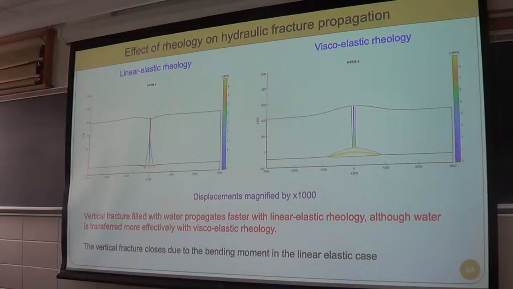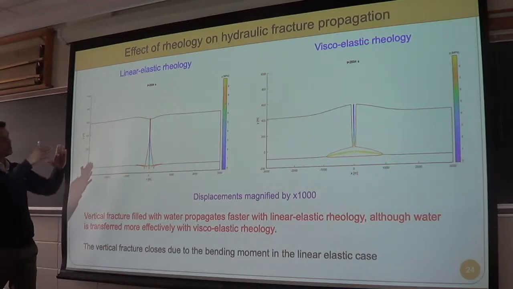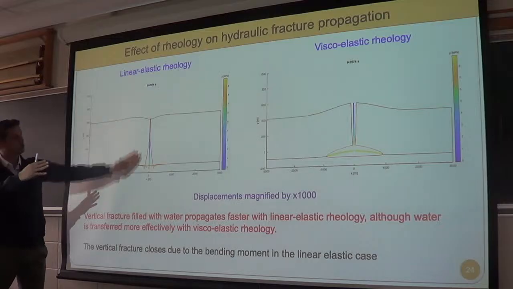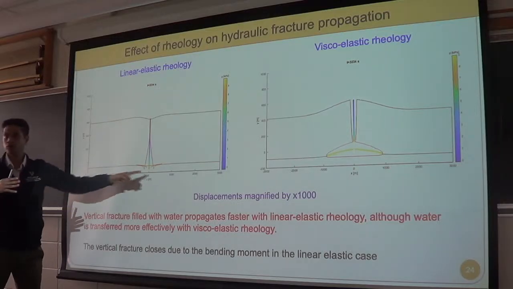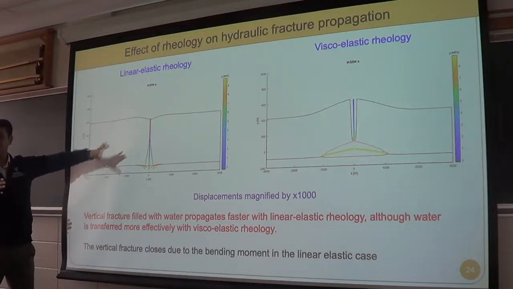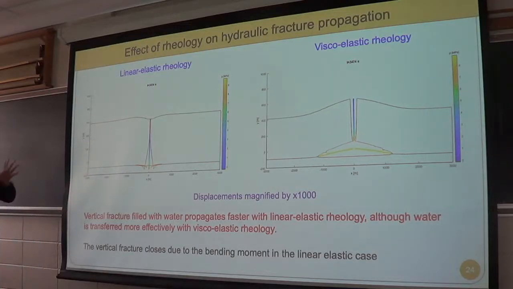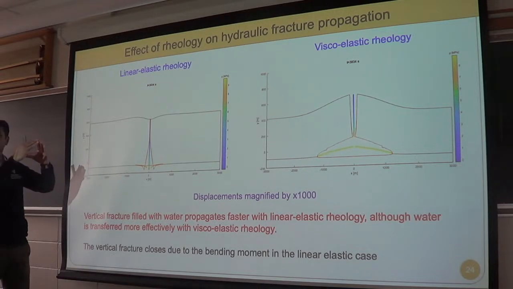And what you have is because of the bending that the water pressure creates, because it's a triangular load applied on the surface, that bending, and Till, you wrote a paper on how bending changes the deformation profile, that exactly happens in here and closes the crack.